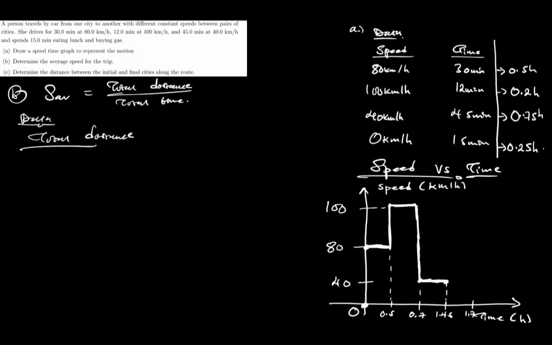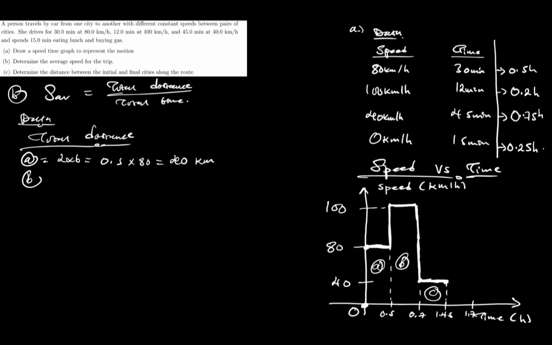Since it's a speed time graph, the area under the graph represents the distance. So you have portion A, portion B, and portion C. For portion A, you have the shape of a rectangle, so you say L times B. The length is basically 0.5, multiplied by 80, giving you about 40 kilometers.